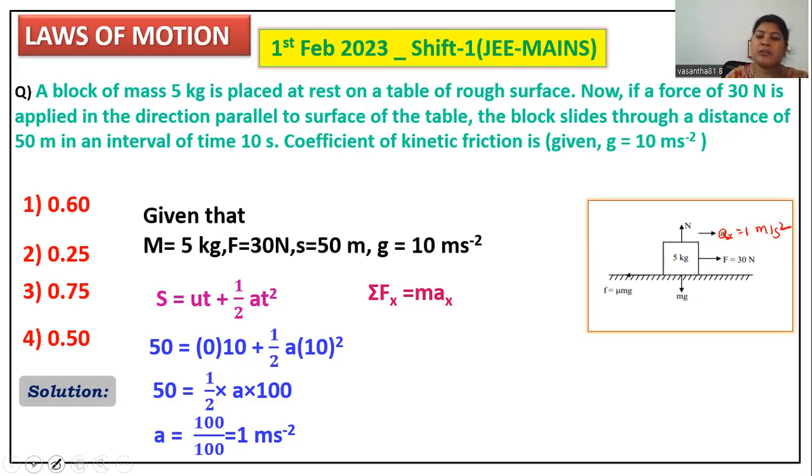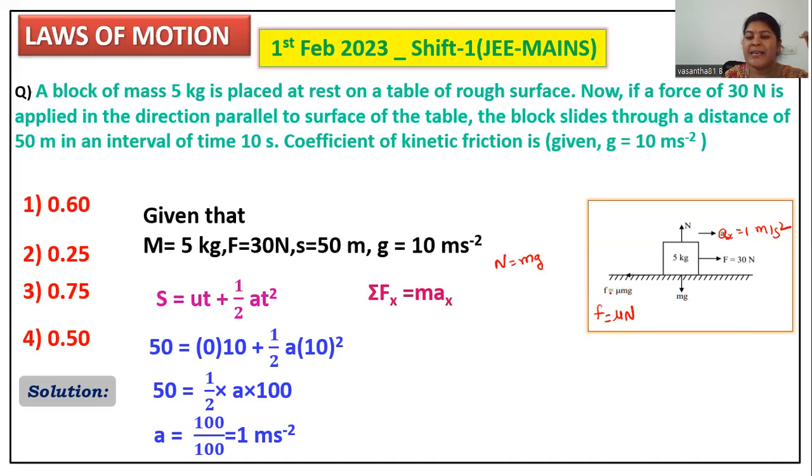Now observe here, along the acceleration direction, a 30 Newton force is acting. Opposite to the applied force, the frictional force is acting. The frictional force f formula is mu into N, but N is equal to mg.